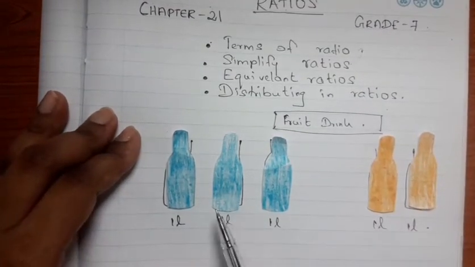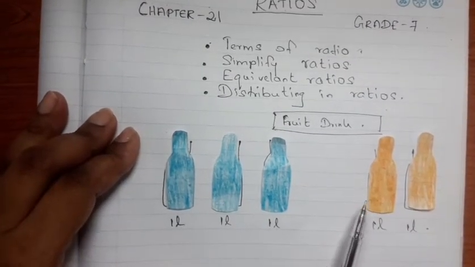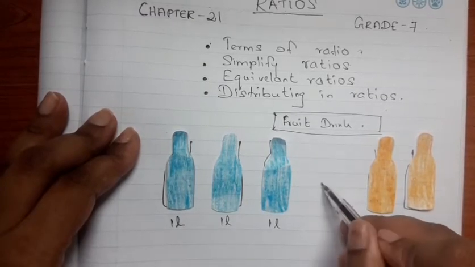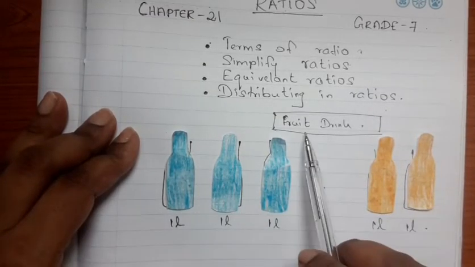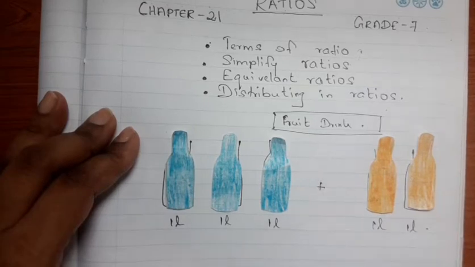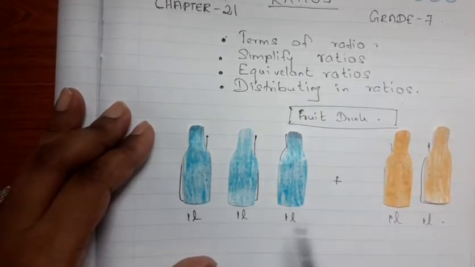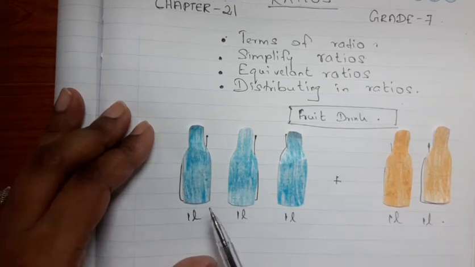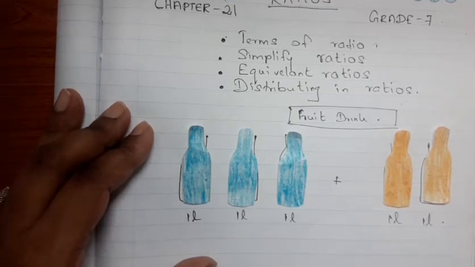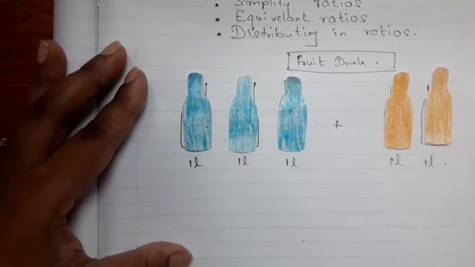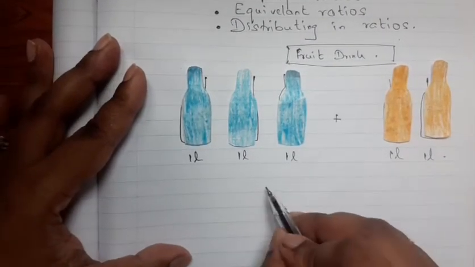So this is water and this is fruit juice. Now I am going to mix these 5 bottles in order to prepare a consumable fruit drink. You know, in order to prepare a fruit drink, we mix ingredients, right? Water and the juice. So I am going to write this in ratio.